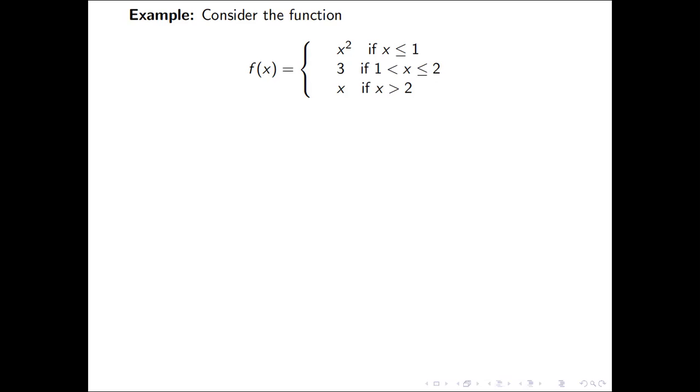What is f of pi, which is 3.14 approximately? Okay, pi. Since f of x is x when x is greater than 2, and pi is greater than 2, f of pi is pi. How about f of 1?